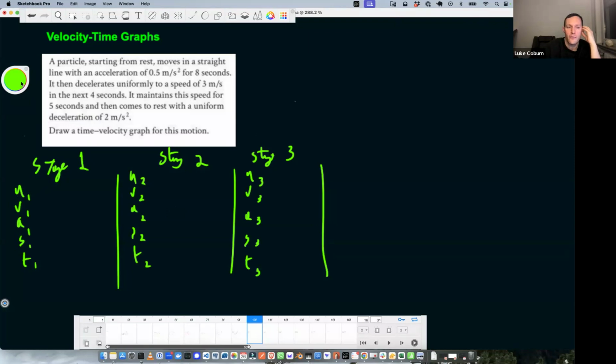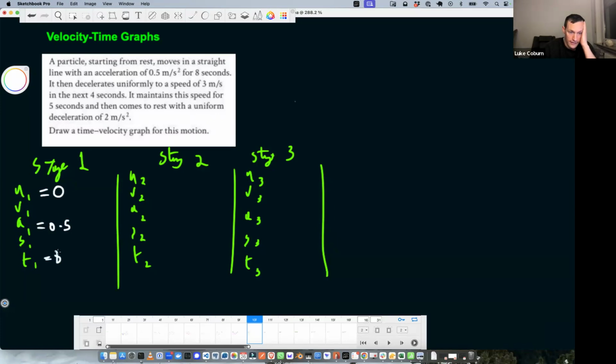Okay, so a particle starts from rest. Let me fill out down here. So we're in stage 1. A particle starts from rest, so U1 is equal to 0. And it moves in a straight line. That's the linear accelerated motion. Everything will always be in a straight line for these questions. In a straight line with an acceleration of 0.5 meters per second squared. Acceleration is a plus, deceleration would mean minus.